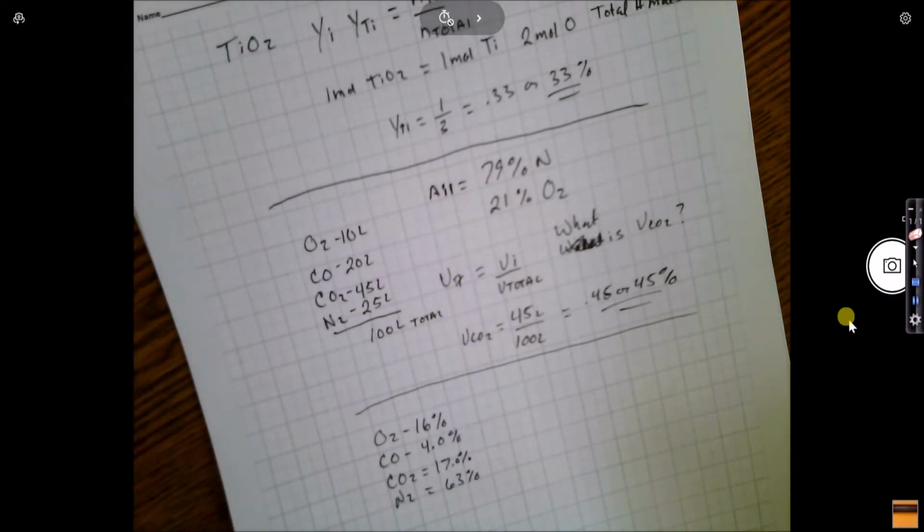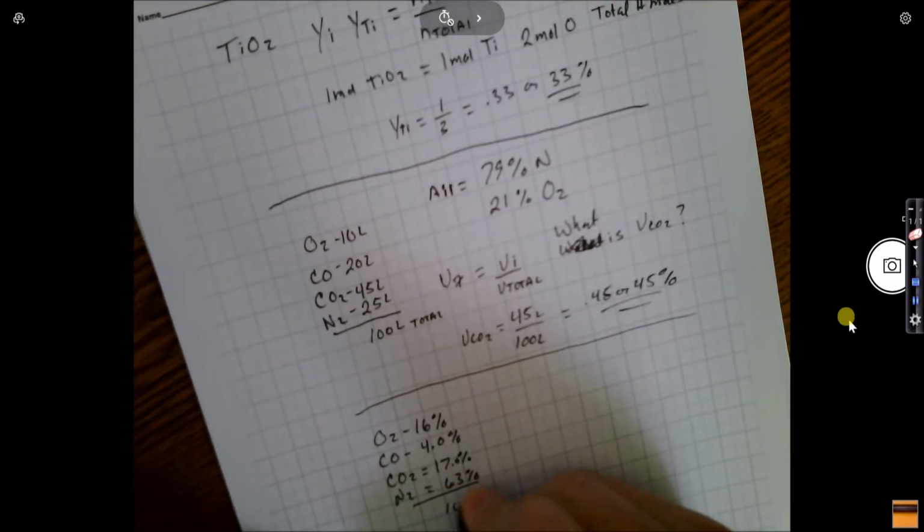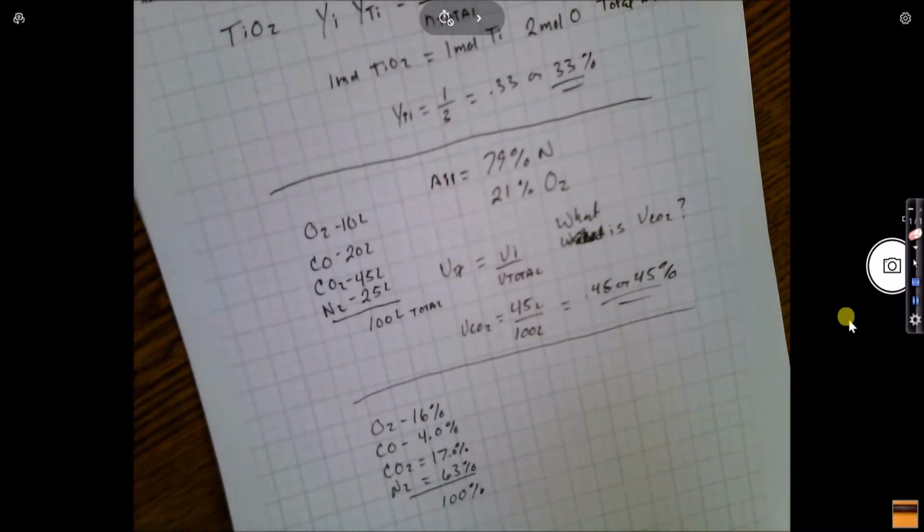Let me make sure this has to add up to 100. And that's 96.4. I made a mistake somewhere. Oh, actually, this is 4. So yes, it adds up to 100. My bad. No, I cannot do this in my head. I'm just not that good.